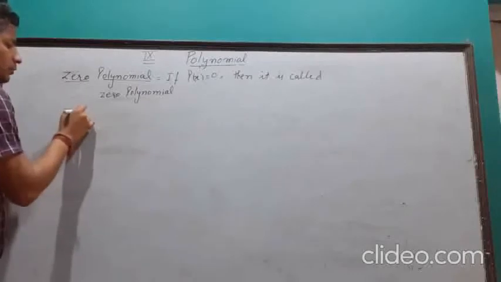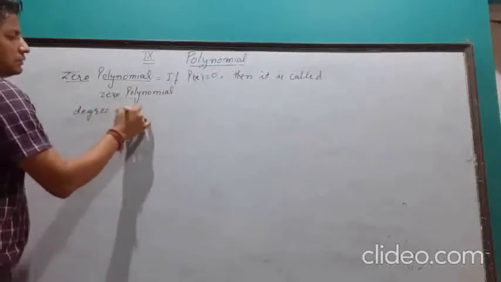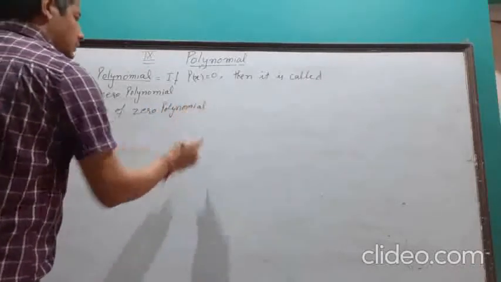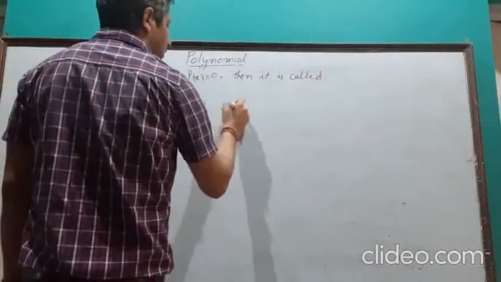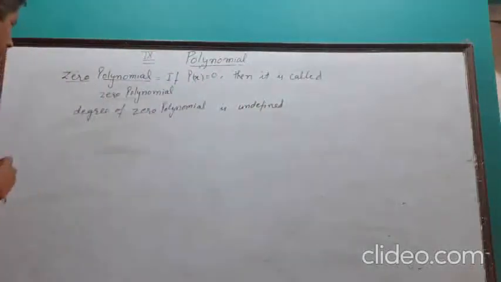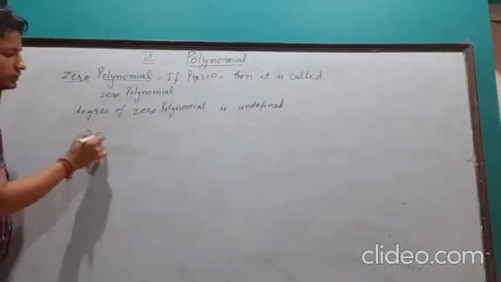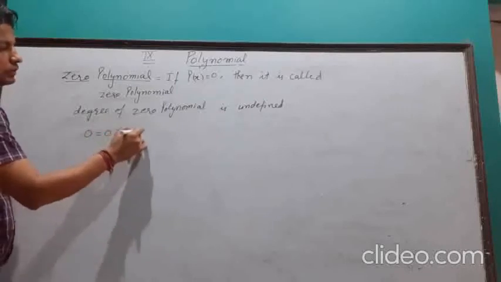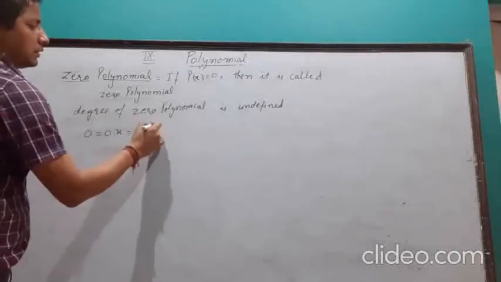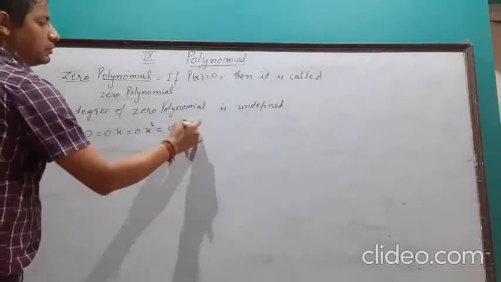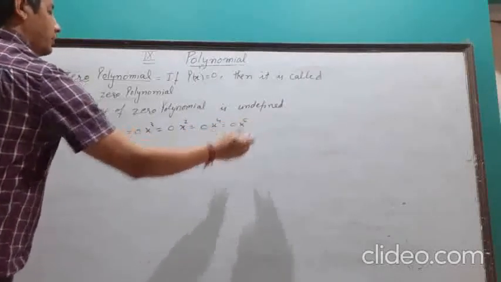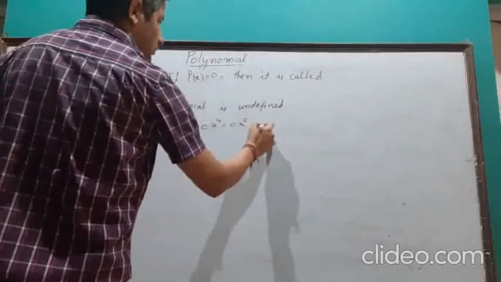The degree of zero polynomial is undefined, because we can write 0 is equal to 0 into x, or 0 into x cube, 0 into x raised to power 2, 0 into x raised to power 4, 0 into x raised to power 5, and so on.